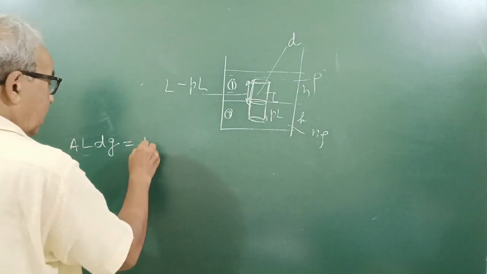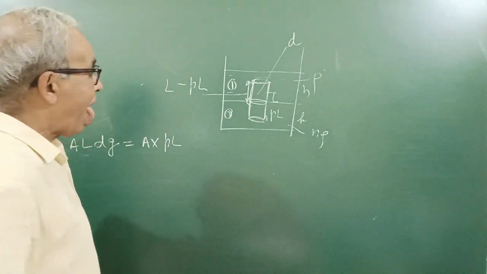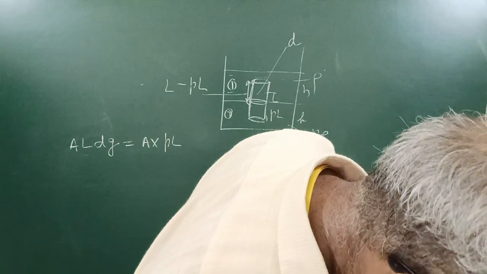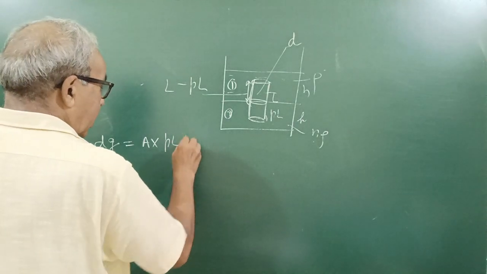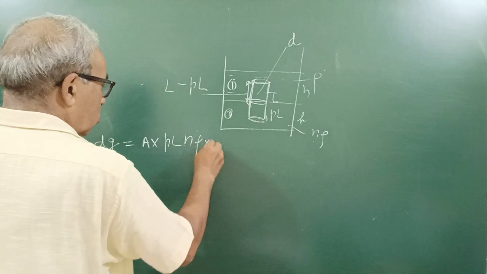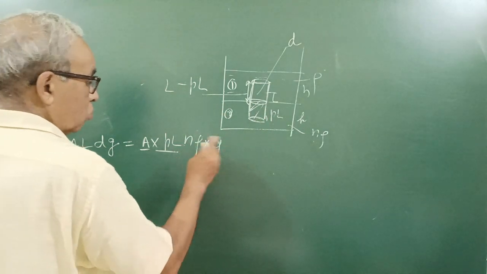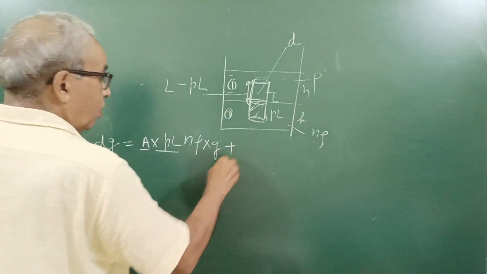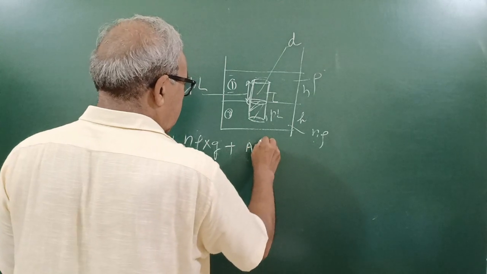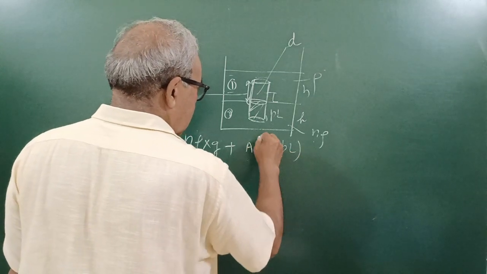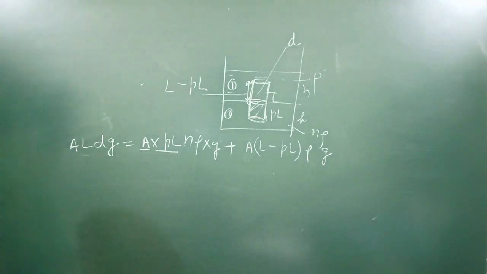The volume is A into PL, into density n rho, into g, plus this height is L minus PL, so area A into bracket L minus PL is the volume, into density rho, into g. So from here you have to find out this density.